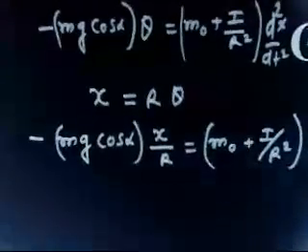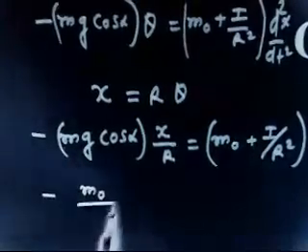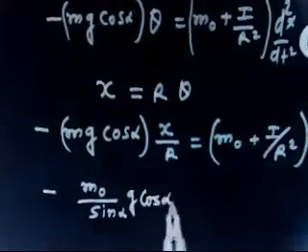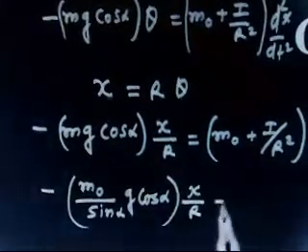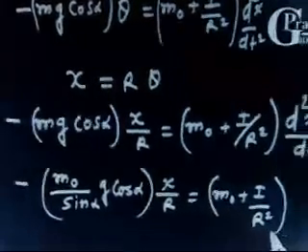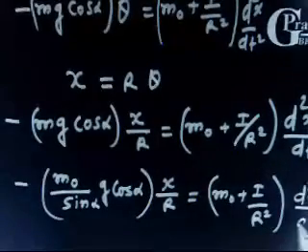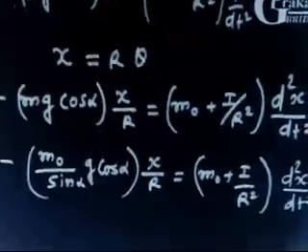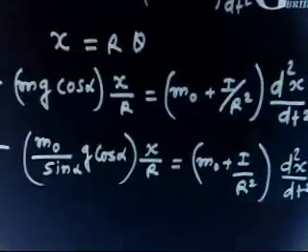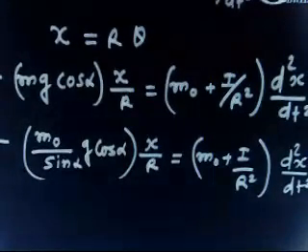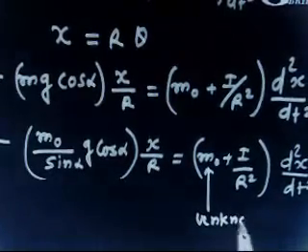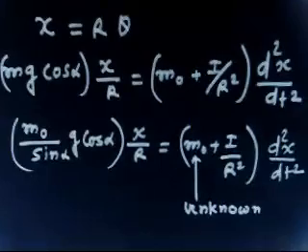So this is (m₀/sin α) g cos α x by r equals (m₀ + I/r²) d²x/dt². Basically m₀ is unknown, I have to write in terms of m. So this is unknown, and I want to write in terms of m.